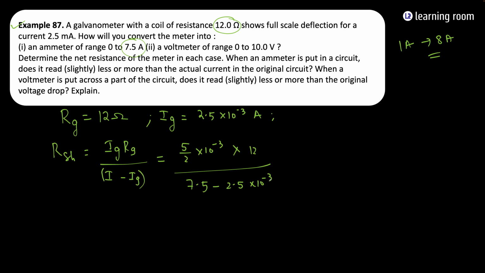This kind of approximation is done mostly in the case of ammeter. Listen to this carefully. Compared to 7.5, 2.5 into 10 power minus 3 is a very small value because it's getting shifted to 3 decimal values. So 7.5 minus 2.5 into 10 power minus 3 can be approximated to 7.5 itself. That is an important point to be noted.